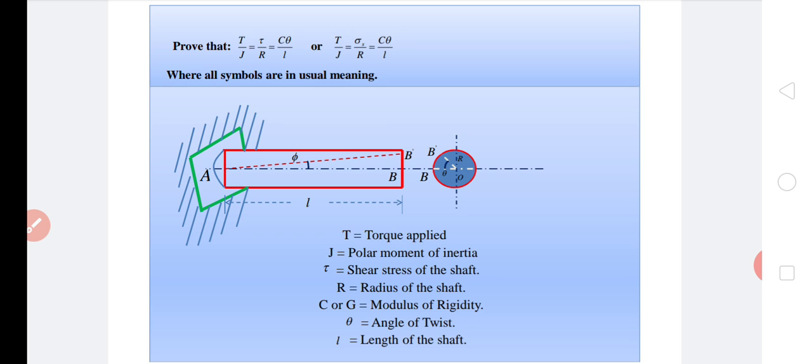T upon J equals tau upon R equals C theta by L, or, as some books follow, T upon J equals sigma S, that is shear stress, upon R equals C theta by L, where all symbols are in the usual meaning.